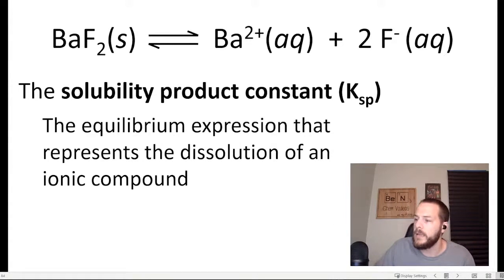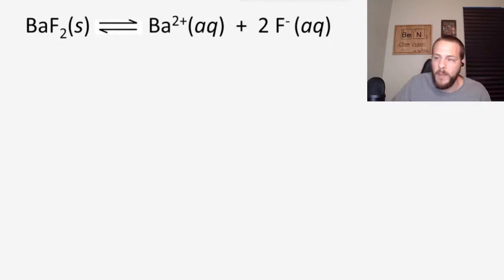What I'd like to do is go to the whiteboard for a second, and see if we can come up with the expression for the solubility product constant, or Ksp, associated with this dissolution of barium fluoride. So what is Ksp equal to?